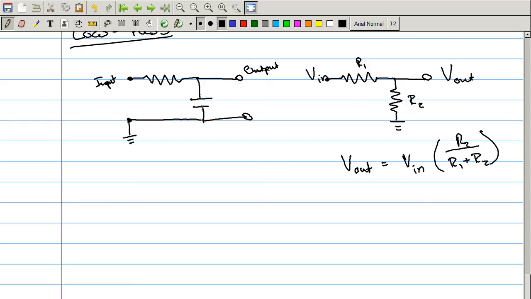You can treat the capacitor as a resistor. Why? Now we're getting into the AC bit. XC equals 1 over 2 pi FC. What is X? X is the reactance of the capacitor. Reactance of the capacitor is how quickly the capacitor will allow current to flow through itself.